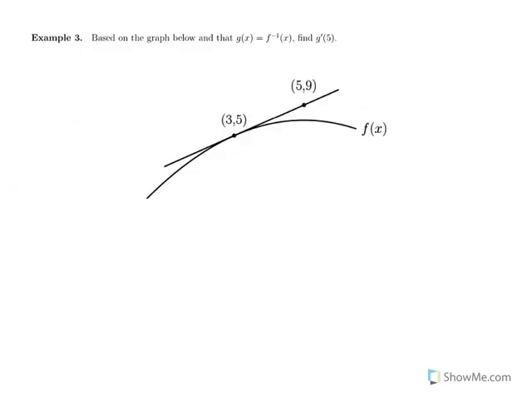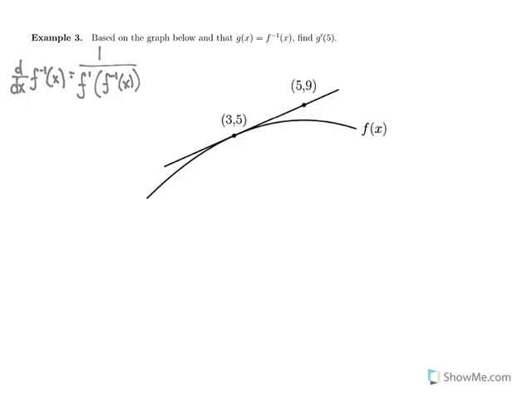All right, one last problem, something kind of different, and this is going to be using the fact that the derivative of the inverse is 1 over the derivative of the function of the inverse.